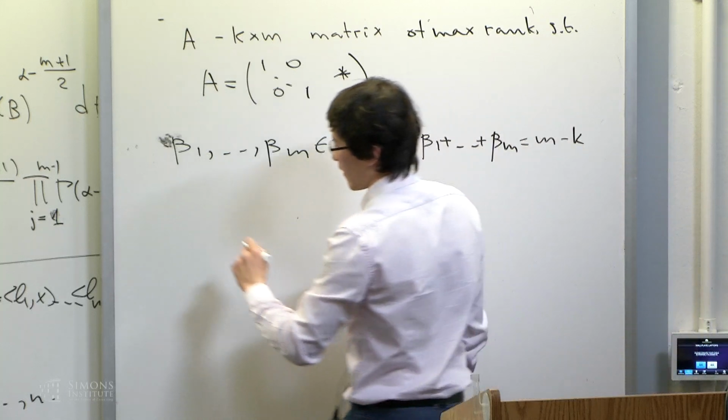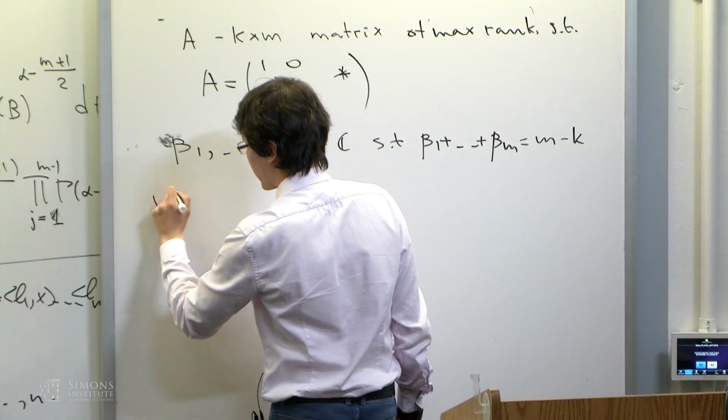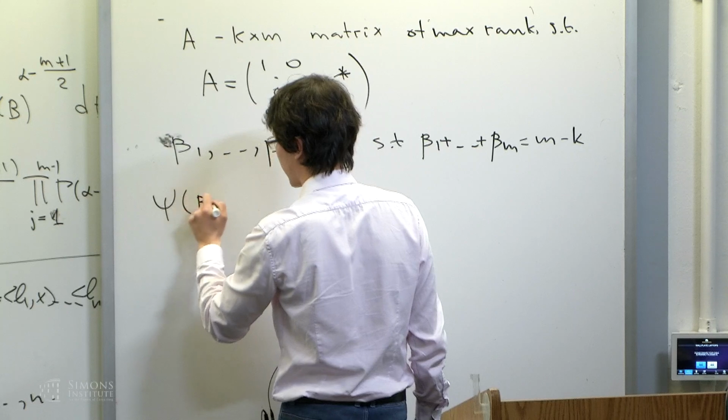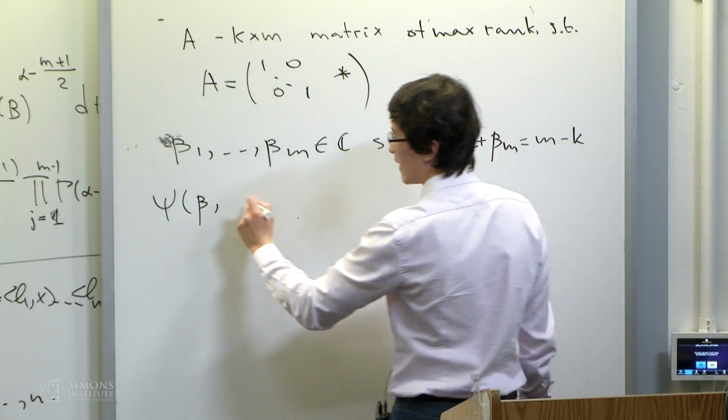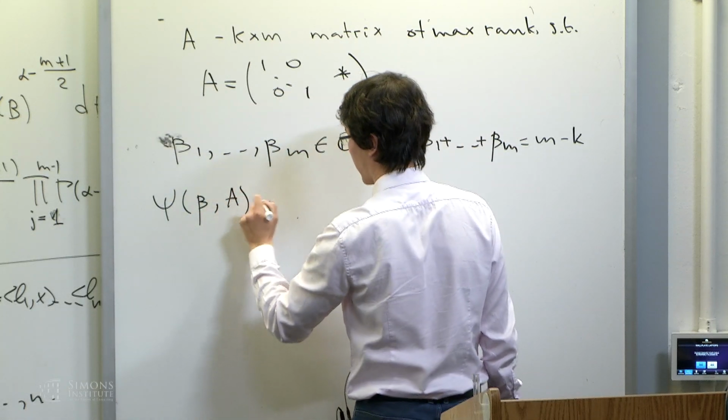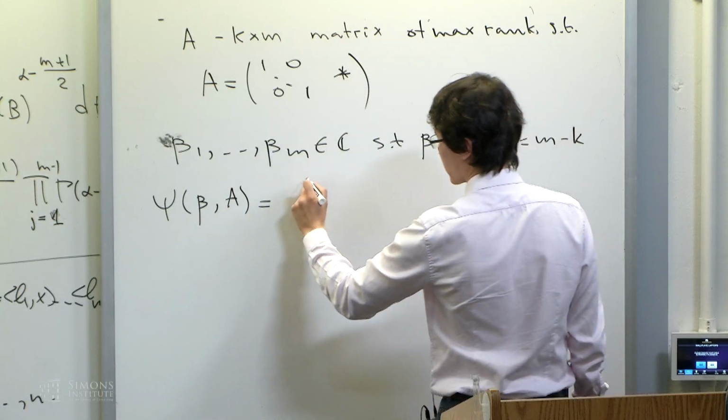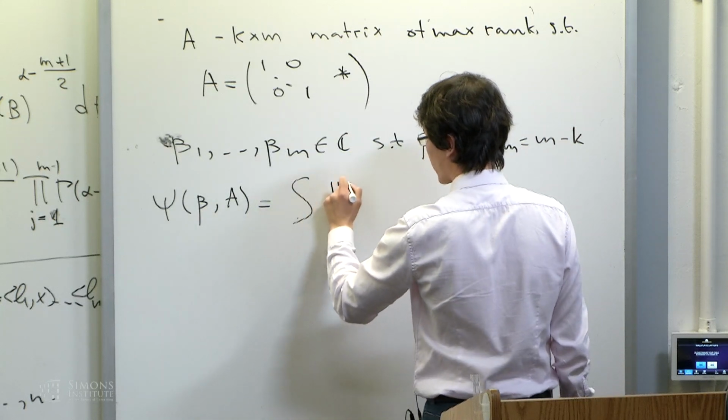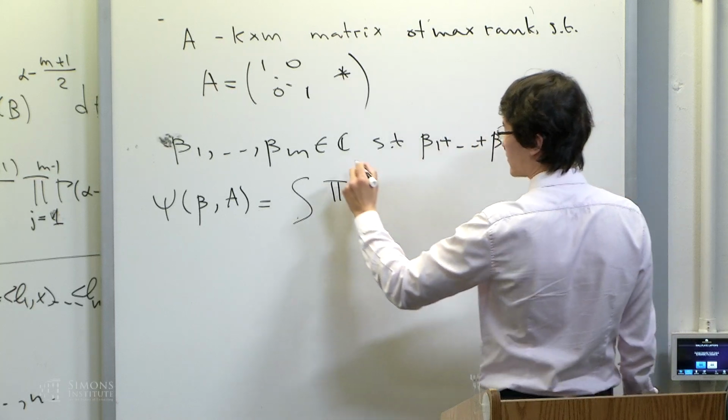Then the hypergeometric function that depends on beta, this vector of parameters, and my matrix A is defined as follows. It's the integral of products of linear forms.